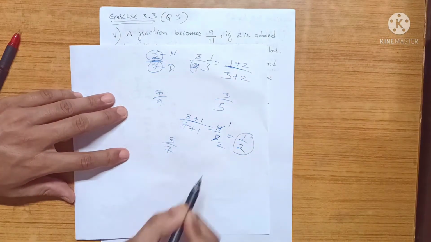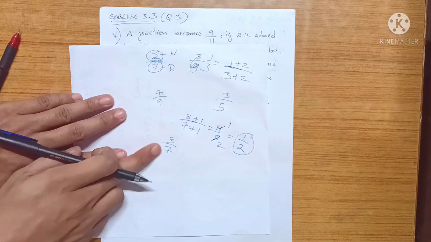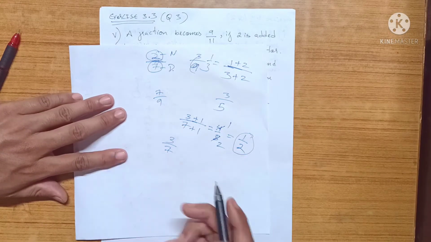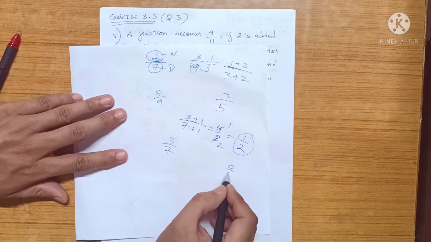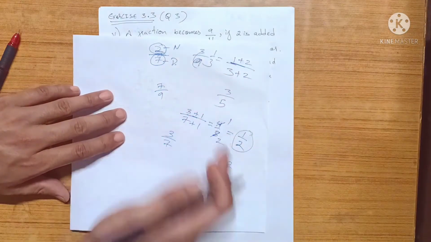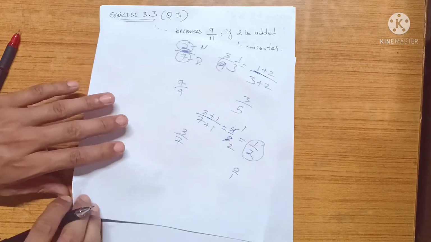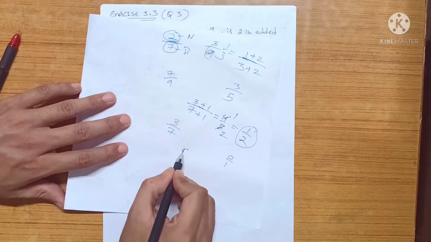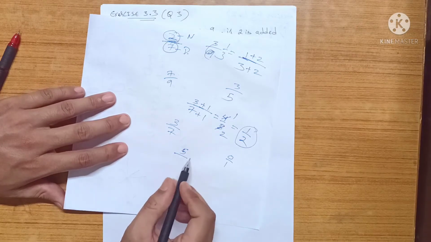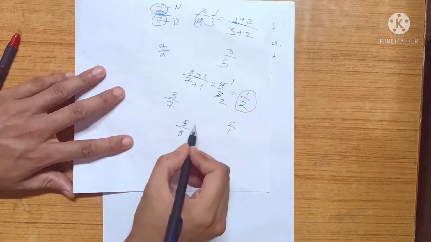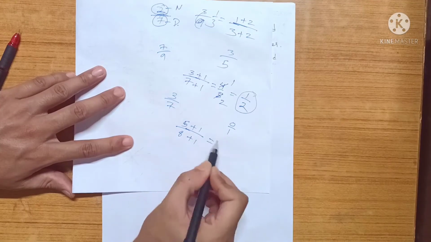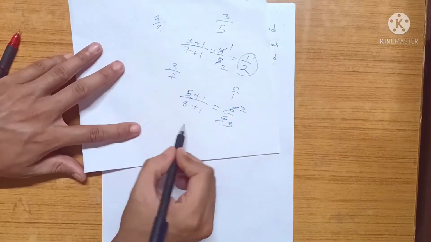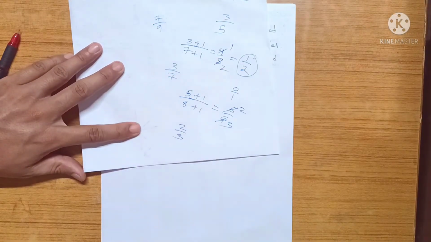So on 3 by 7 we're adding something and it's becoming 1 by 2, so the original fraction cannot be 0 by 1 by that logic. Take 5 by 8: you add 1 to both, the new fraction becomes 6 by 9, 3 2s are 6, 3 3s are 9, so it becomes 2 by 3.